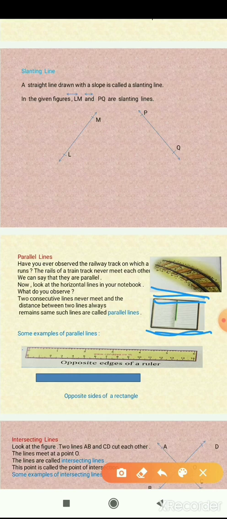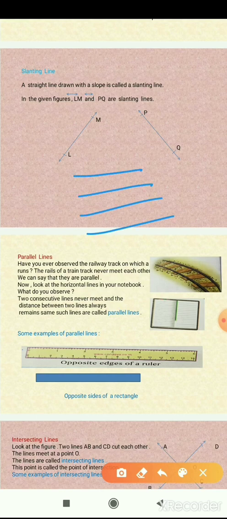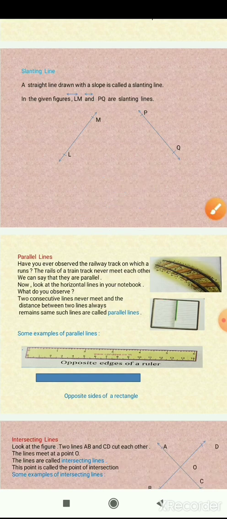Such lines are called parallel lines. Consecutive means one by one. They never meet, and the distance between them always remains the same; it does not change. So those lines are called parallel lines.